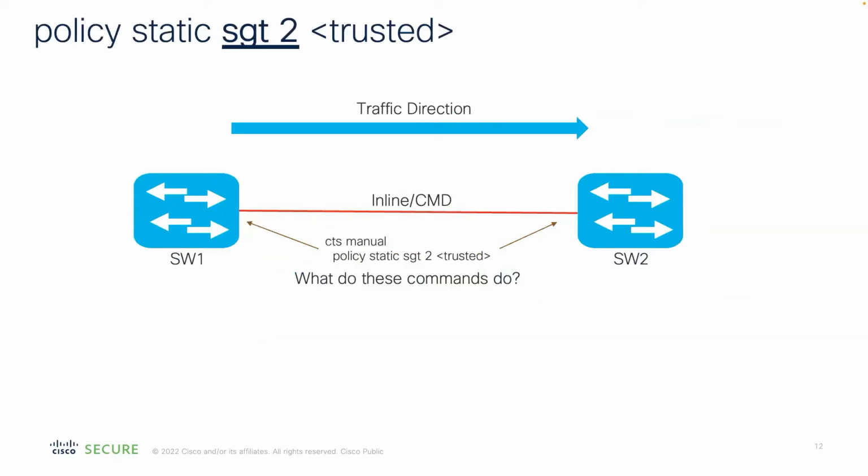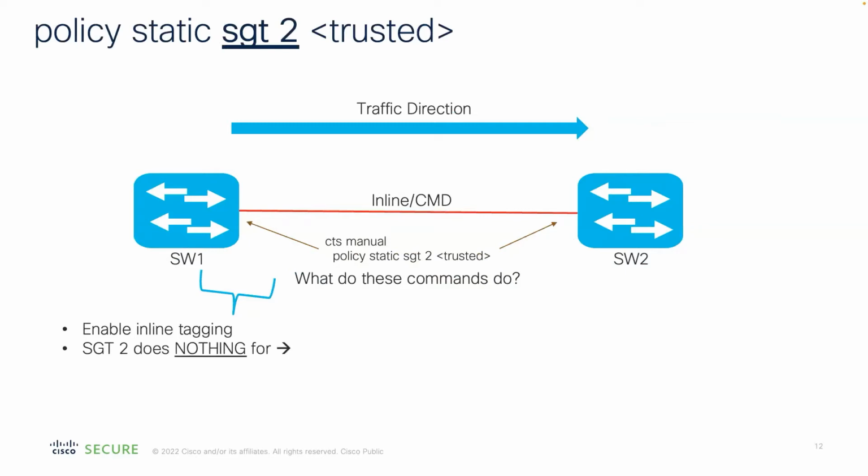Again, we've got switch 1 on the left and switch 2 on the right. And we've got inline tagging enabled. So CTS manual, policy static SGT2 with a trusted option. So what do these commands do? Well, on the left, remember we've got traffic flowing from left to right. That's what we're going to be talking about today.